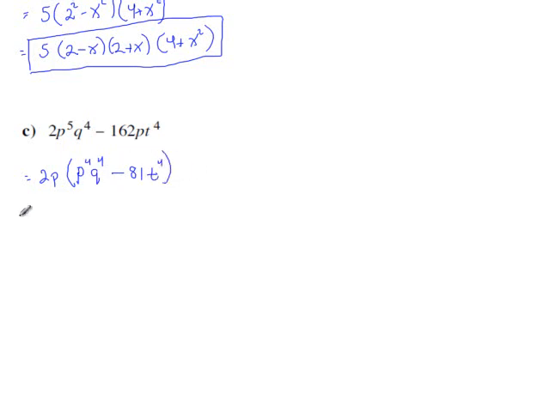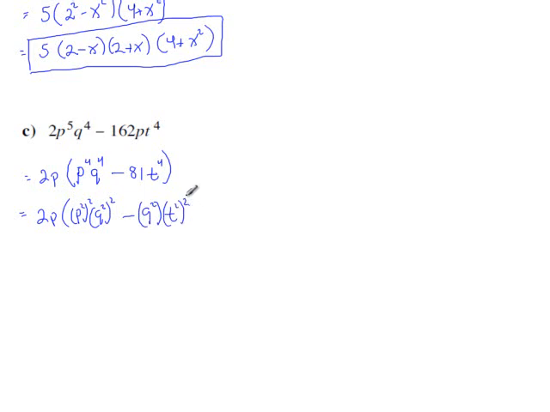This looks like it might be a difference of squares. So 2p, p to the fourth is p squared squared. Q to the fourth is q squared squared. 81 is 9 squared, and t to the fourth is t squared squared.